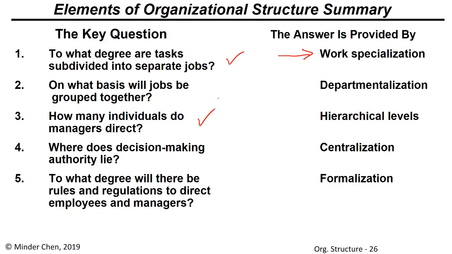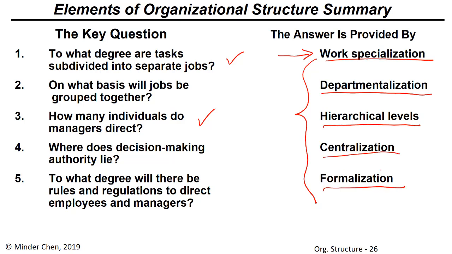This is related to formalization. So the 5 key elements again: work specialization, departmentalization, hierarchical level, centralization, and formalization. And you can ask the 5 questions listed here to understand the 5 dimensions or elements in designing the structure of an organization.